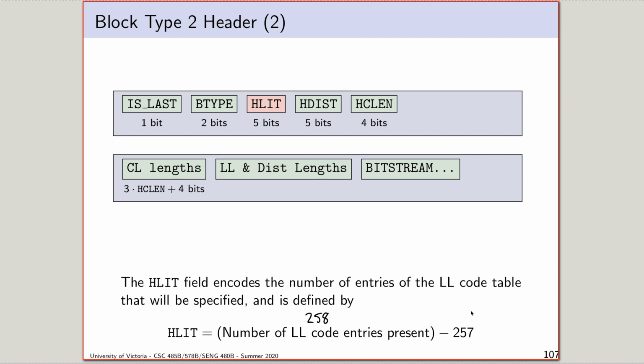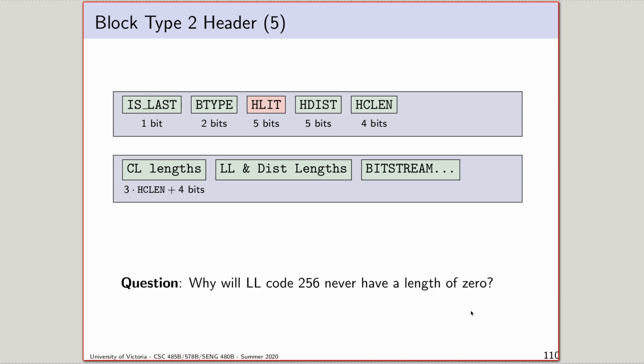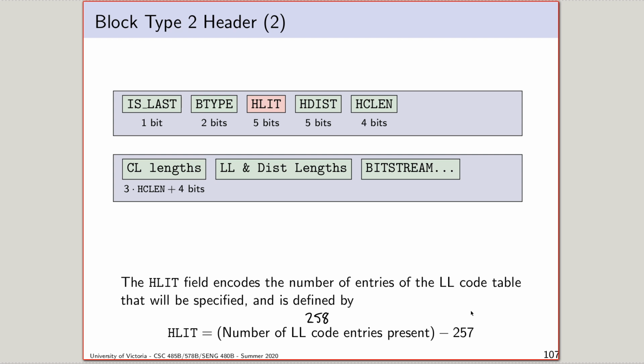So it's a 5-bit number, and it can't be less than 0. And it turns out that means you have to always encode at least the first 257 symbols, symbols 0 through 256. hlit can't be set to anything less than 0. There's wonderful logic in that, because if you think about it, I think that they're going to make it a thought question. That's too bad. I'm going to give it away. I can't help myself.